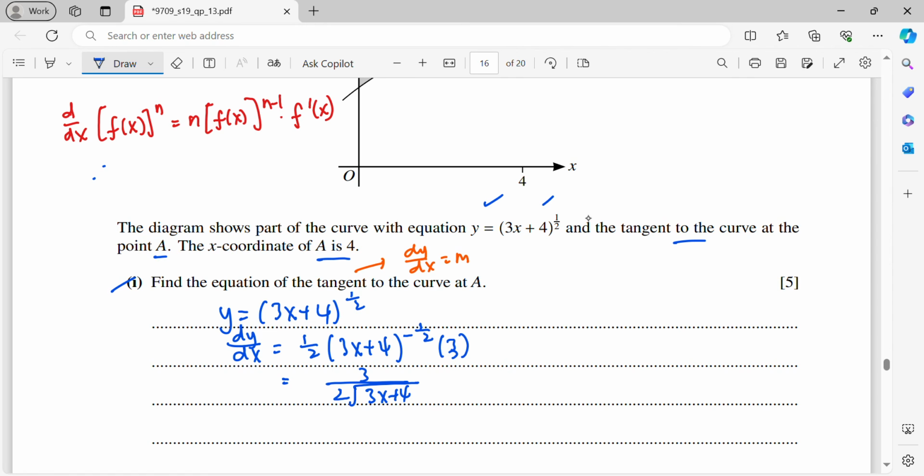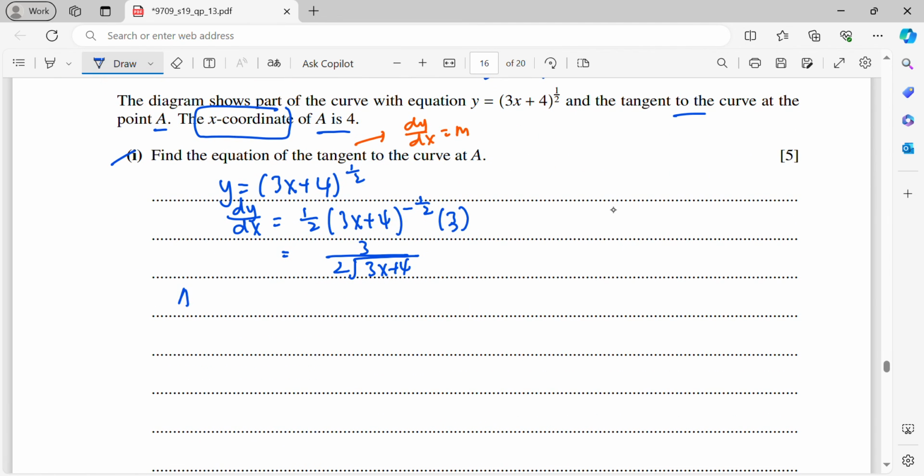And now at A, the x-coordinate is 4. So I will just write at A, x equals 4. Therefore, dy/dx equals 3 over 2 square root of (3 times 4 plus 4). This is 3 over 2, 3 times 4 is 12, 12 plus 4 is 16, so square root of 16.